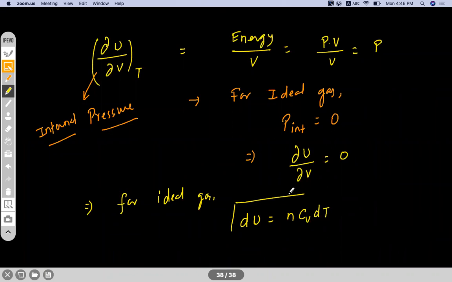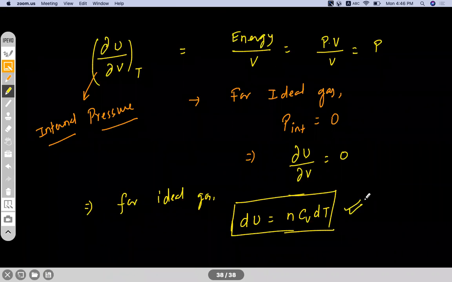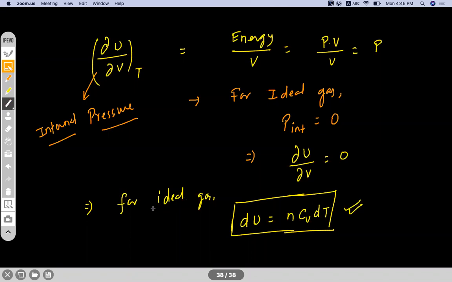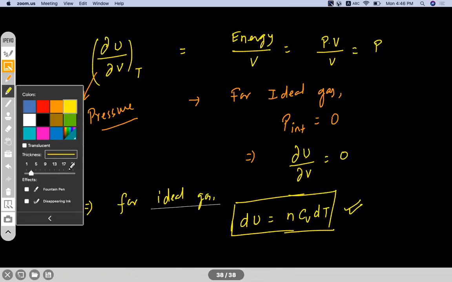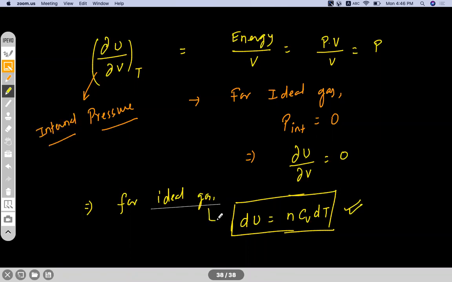And this formula is applicable for all processes for ideal gas. Wherever we have ideal gas, and mostly we are dealing with ideal gas only. So for ideal gas, this formula is correct whether the volume is constant or not. Did you get it?